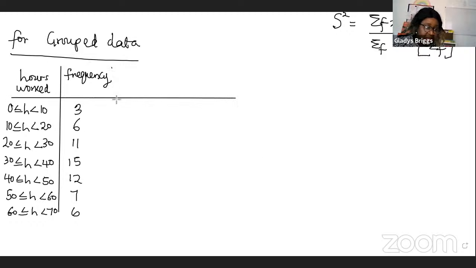So you're going to make another column for the midpoint. Let's call the midpoint X. Be 5, 15.